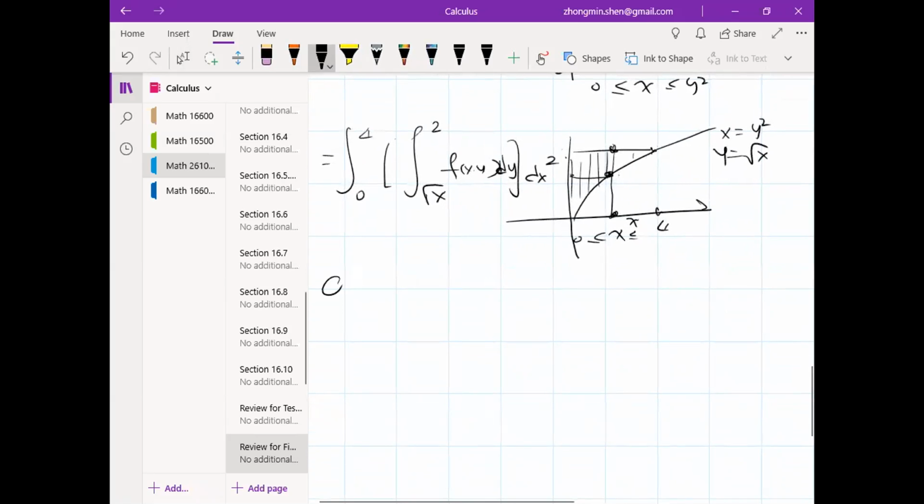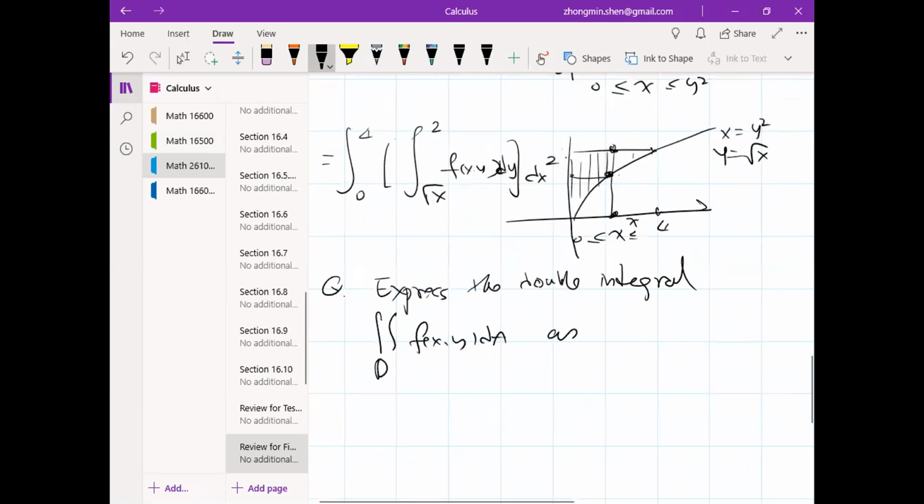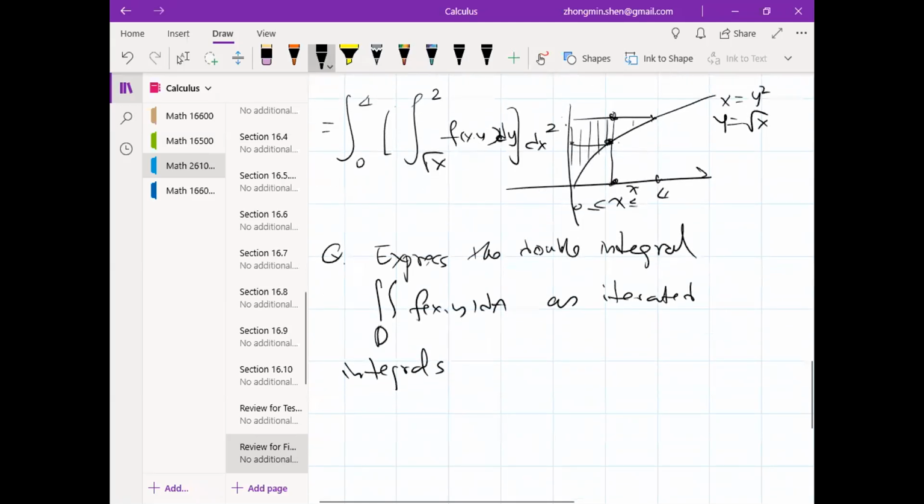Okay, so express the double integral as iterated integrals in both forms.